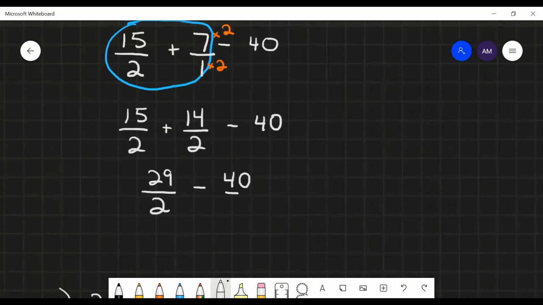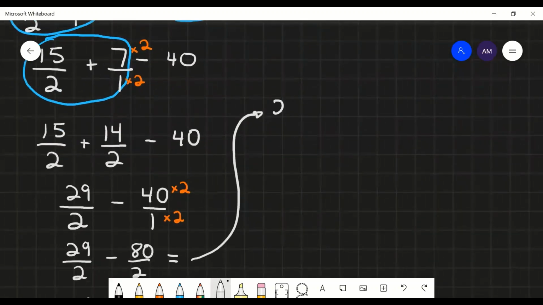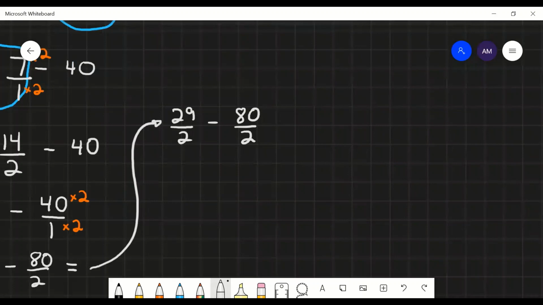Let's change the 40 to be over a fraction as well and get common denominators, which requires us to multiply each of them by 2. And so 29 over 2 minus 80 over 2 is, I'm going to write it up here because I ran out of room down there, 29 over 2 minus 80 over 2. They have the same denominator, so we can say over 2.